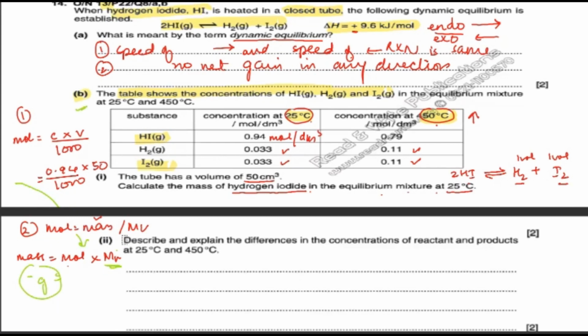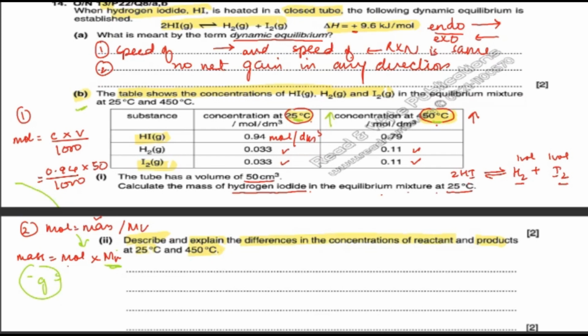The second part asks: describe and explain the difference in the concentration of the reactant and product at 25 degrees Celsius and 450. Now we have to compare the concentrations at 25 degrees Celsius and 450.